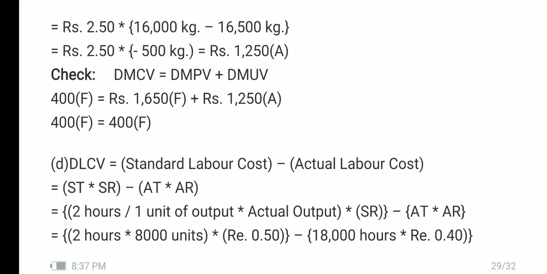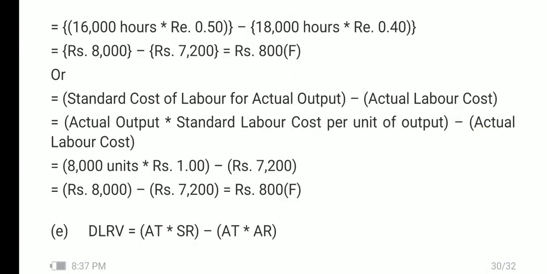Therefore, for actual output of 8000 units, 16,000 hours are standard hours for actual output. Standard rate SR is 0.50 rupee, which will give us 8000 rupees as standard labor cost, minus actual labor cost they have given in the problem, 7200 rupees. Therefore, 800 favorable variance, that is direct labor cost variance.